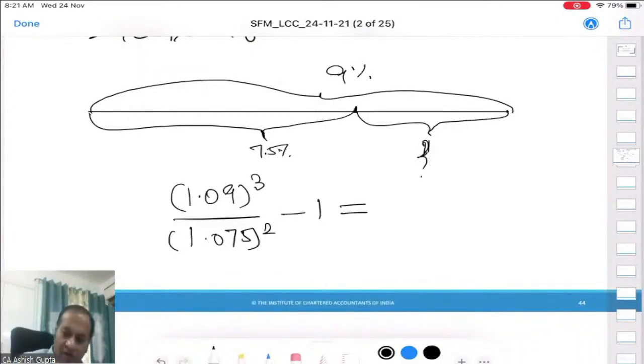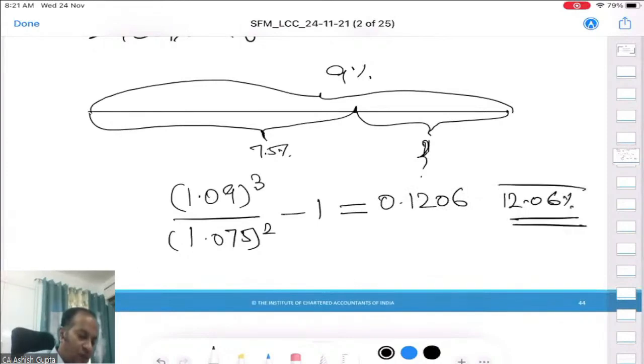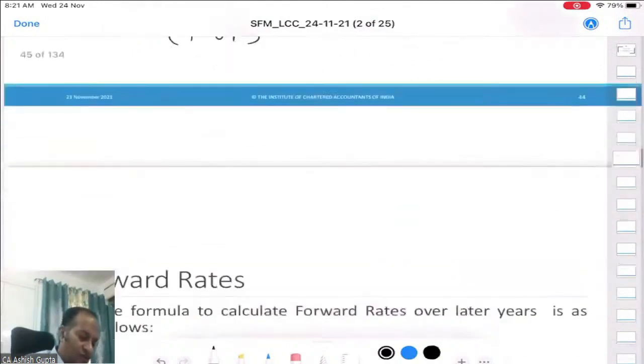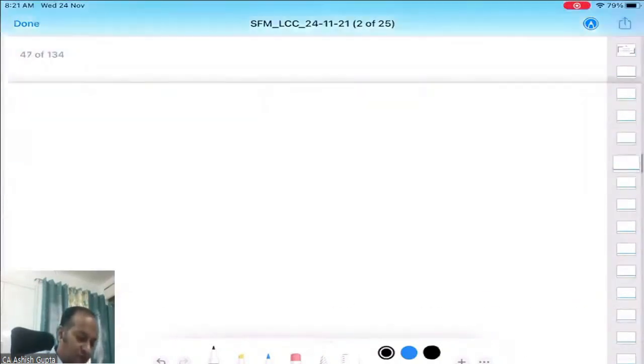Yes, of course, I'm getting correct answers. Most of the students have sent it, but it is coming somewhere around 12.06. Okay, so accordingly, we can say that, okay, student, this is that version.